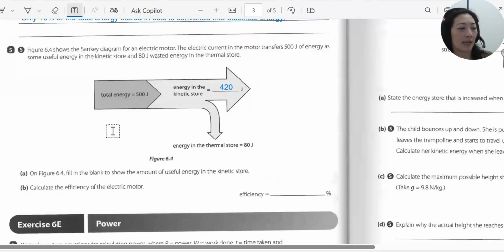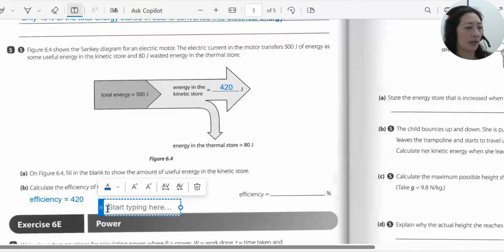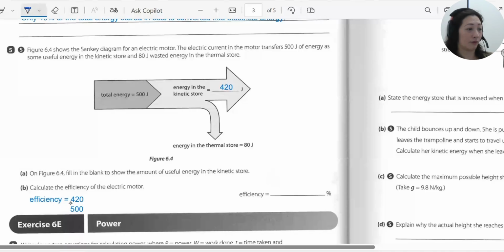The efficiency is calculated using the useful output over the total input times 100%. So I'll write it out here. Efficiency equals, we'll just put the number straight in. So it's 420 divided by 500. I'm just going to push the number at the bottom here. I'm going to use the pen to draw a line.